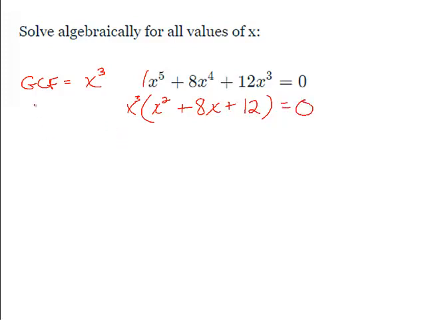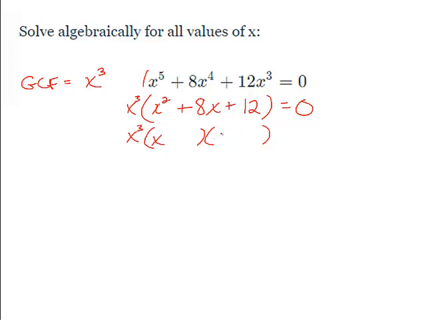Okay, so that was our step 1, factoring out the GCF. Step 2 is to factor whatever you have remaining. In this case, we still have a quadratic that remains. So let's set up our sets of parentheses here. If I want to factor x squared plus 8x plus 12, I'm going to start these binomials. Each of these sets of parentheses are going to get 2 terms.